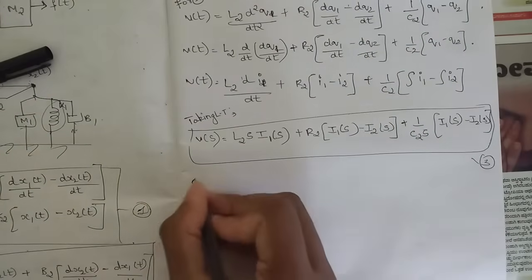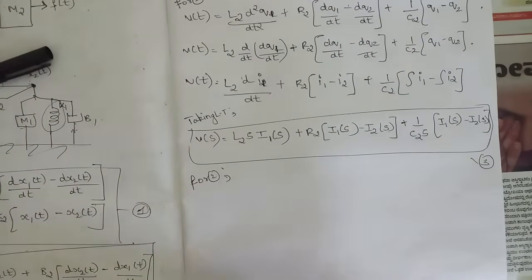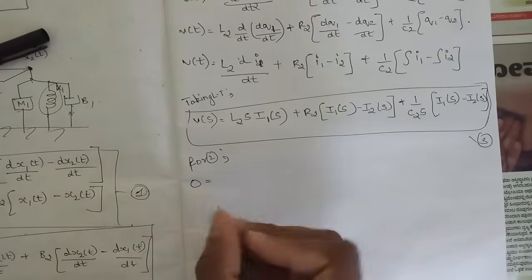Okay, so now consider equation 2, apply FV analogy. Since we don't have any force, that is equal to 0, so write it as 0 here.